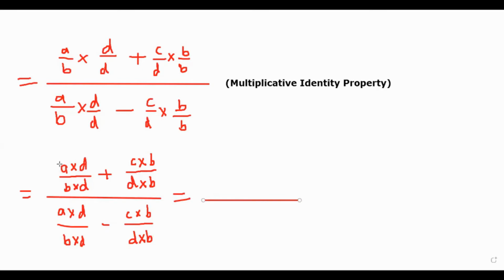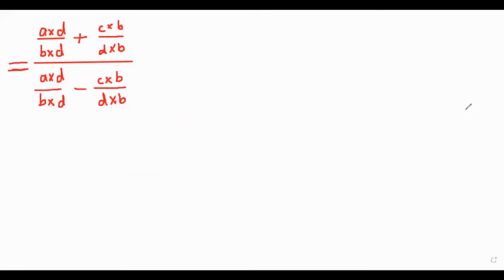Now it will be equal to A cross D divided by B cross D. So now we have to take them into a feasible arrangement.